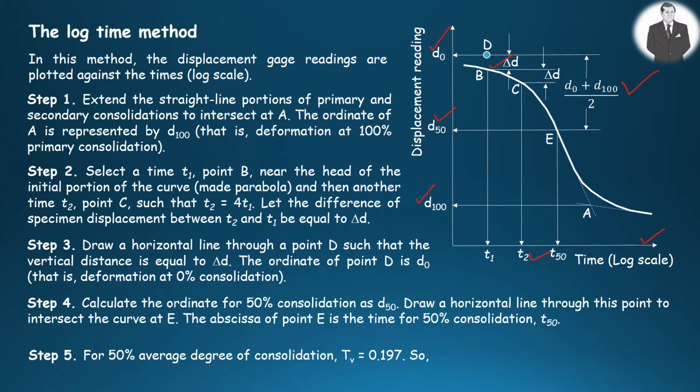Finally, for 50% average degree of consolidation, the time factor is determined from the related table, which is equal to 0.197. Now, remembering the expression for time factor, and if this expression is rearranged in terms of the coefficient of consolidation we are looking for, then we get this expression as illustrated here.